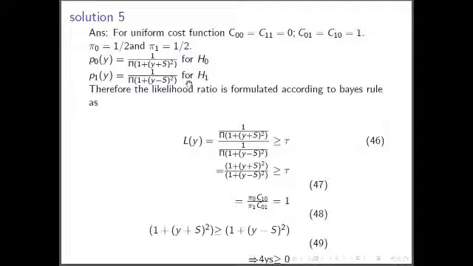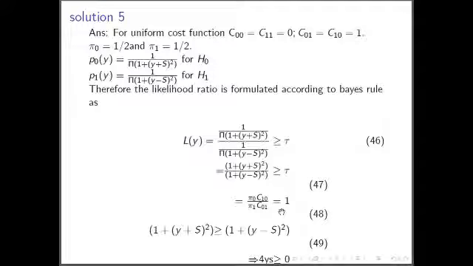for H1. Therefore, the likelihood ratio is formulated according to Bayes rule as L of y is equal to P naught of y divided by P1 of y, which is equal to 1 plus y plus s whole square divided by 1 plus y minus s whole square, which is greater than or equal to tau, where tau is given as the ratio of the cost functions, that is pi naught C10 divided by pi 1 C01.